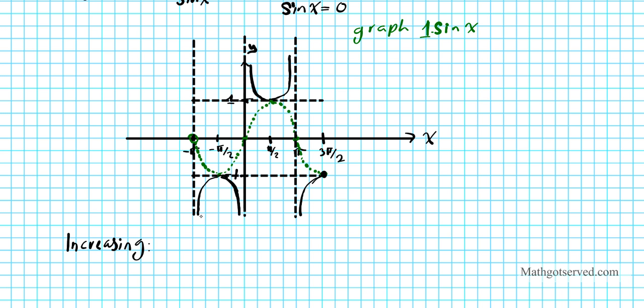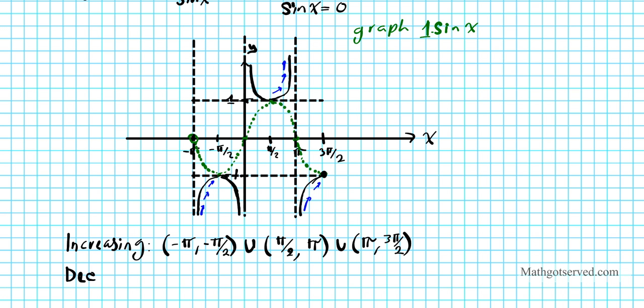We can see that it's increasing here, up here, and here, and also here. So it's increasing on those three intervals: from open circle negative pi all the way to negative pi over 2, union pi over 2 all the way to pi. And then we have an asymptote there, so we have to jump, union pi all the way to 3 pi over 2. So that's where it's increasing.